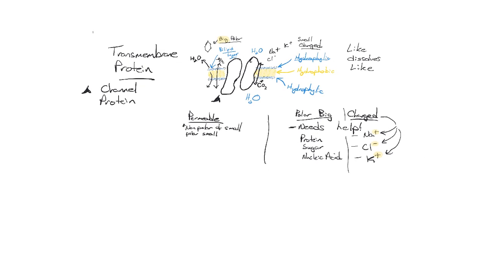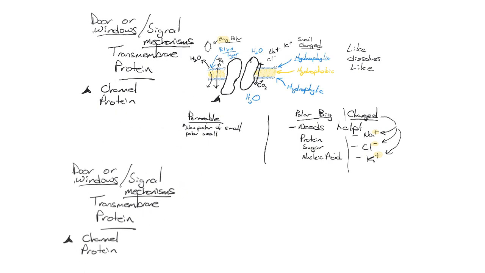Transmembrane proteins act as doors or windows, right, into the cell. They can also act as signal mechanisms. So you can signal things using transmembrane proteins. So transmembrane proteins are not limited to being doors or windows, but that is a big part of what they do.